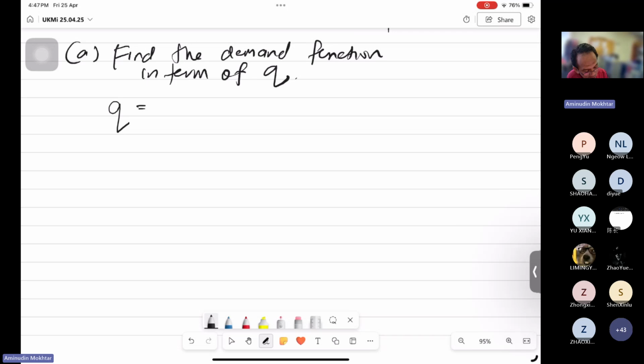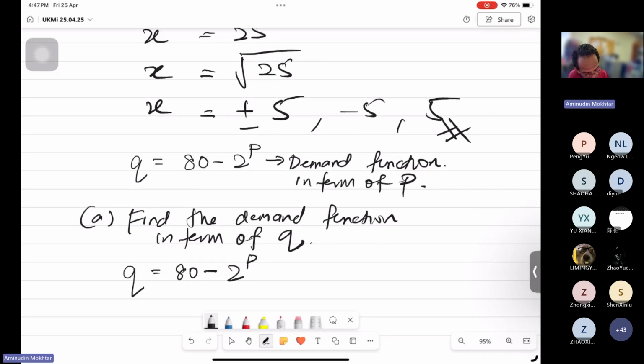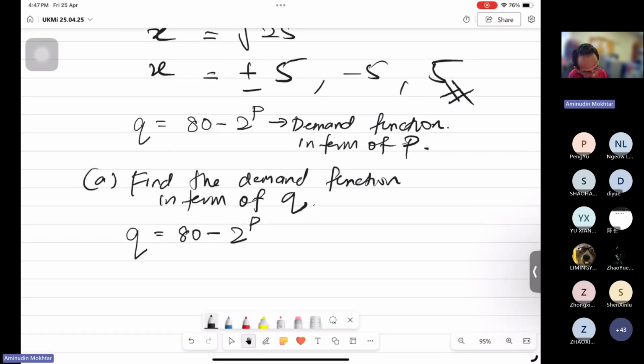The demand function is Q equal to 18 minus 2 to the power of P. Not 2p, 2 to the power of P.